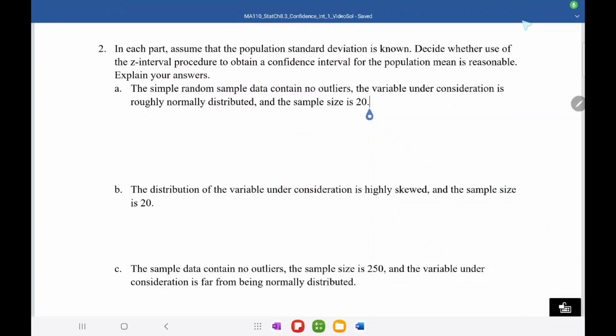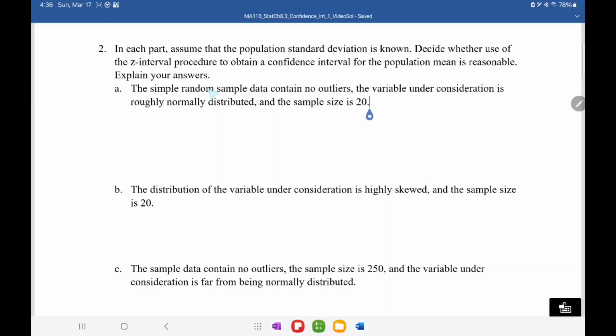Now, question number 2 is checking our understanding of the assumptions that need to be satisfied in order to be able to use the Z-interval procedure. So it says, in each part, assume that the population standard deviation is known. Decide whether use of the Z-interval procedure to obtain a confidence interval for the population mean is reasonable.